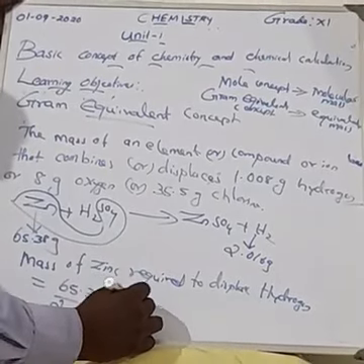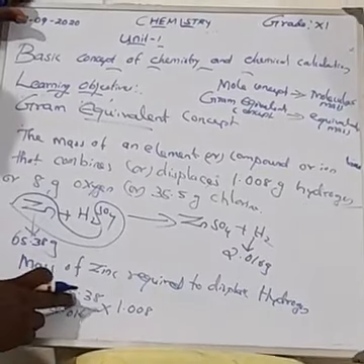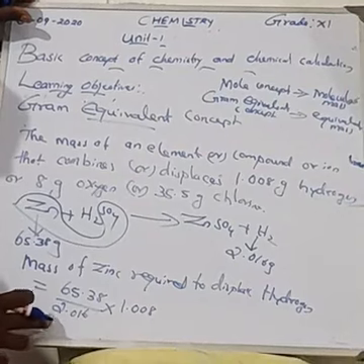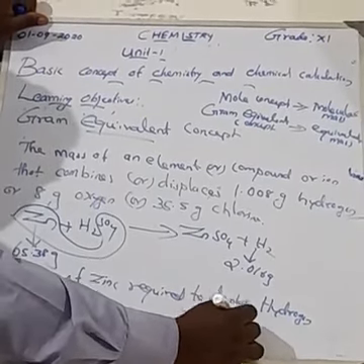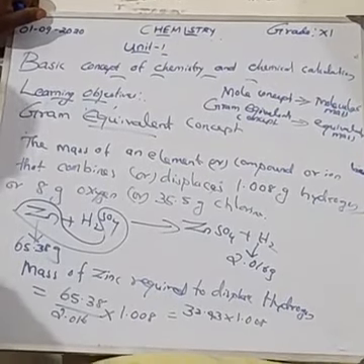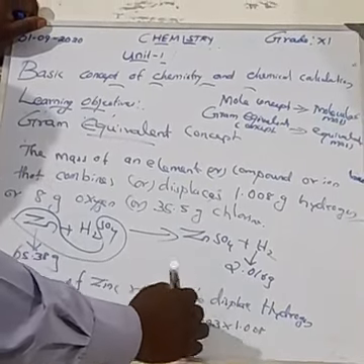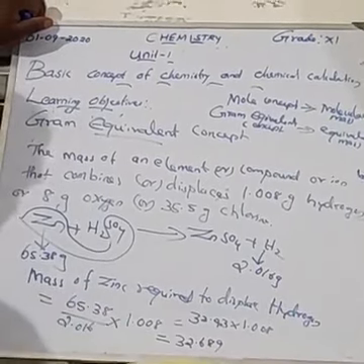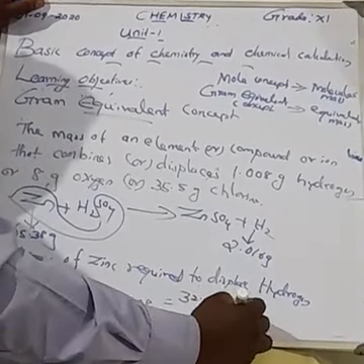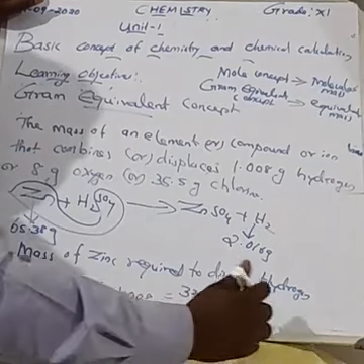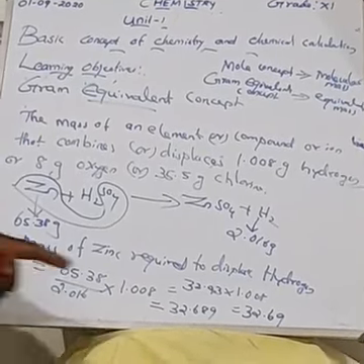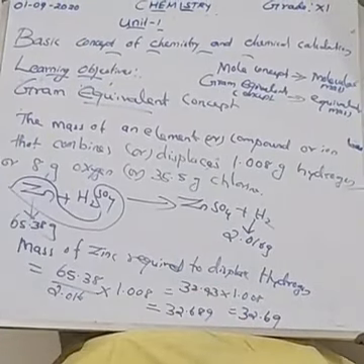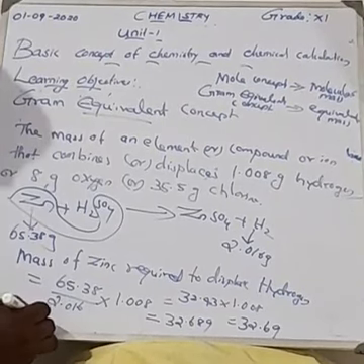That gives approximately 32.69. So the gram equivalent mass of zinc is 32.69 gram.